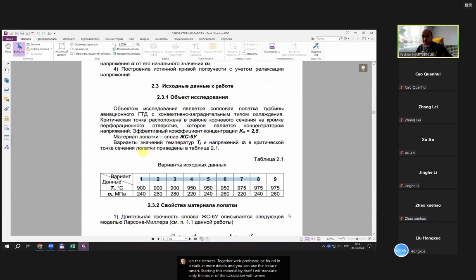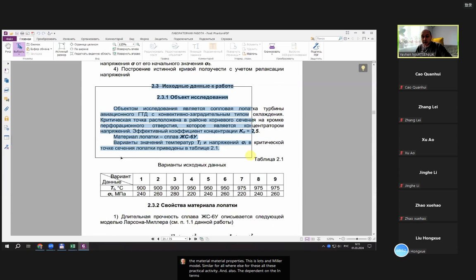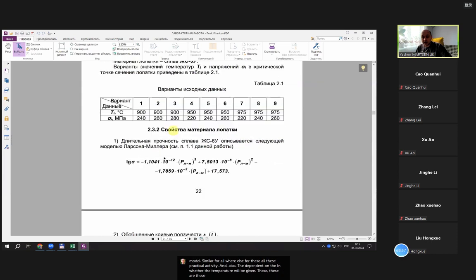So beginning from here, characteristics of the material properties. This is the Larson-Miller model, similar for all variants for this practical activity. Also, depending on the variant, the temperature will be given this or this. Let's look here.